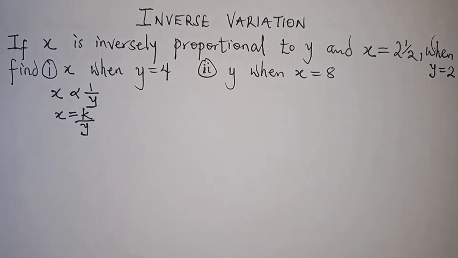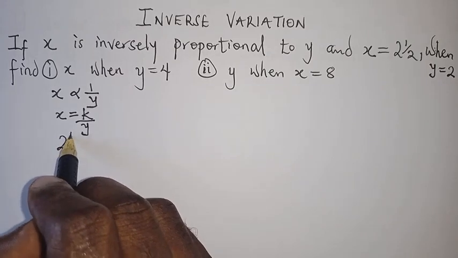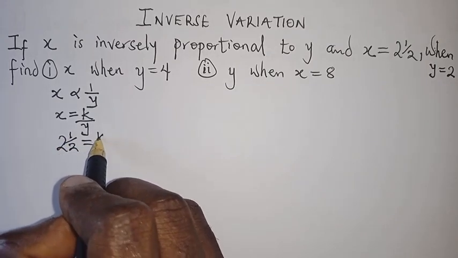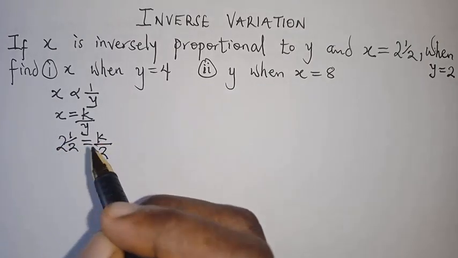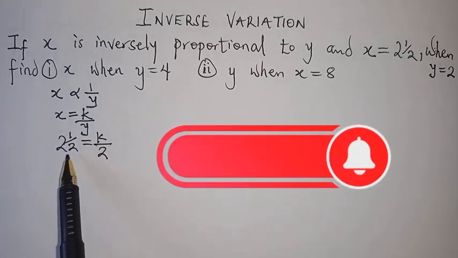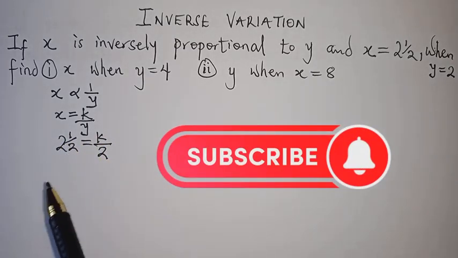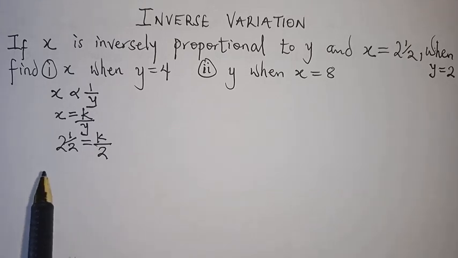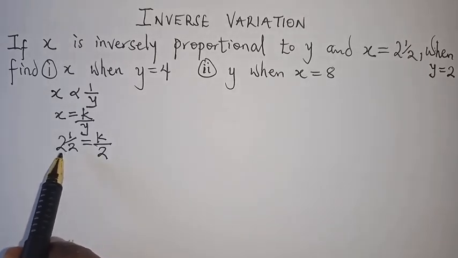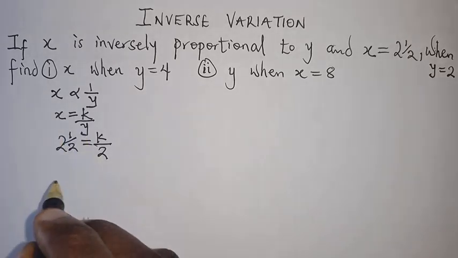Now we go back to the question to get those terms. They say x equals 2.5 when y equals 2. I'm not going to be able to do anything with 2.5, so I need to change it to either a decimal number or an improper fraction. I'm going to change it to an improper fraction: 2 times 2 is 4, plus 1 is 5.